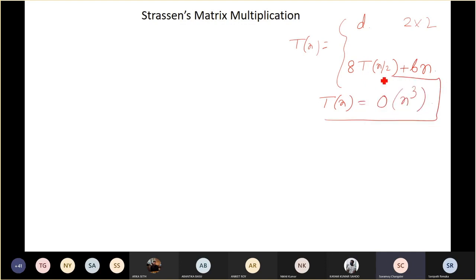Which is very much known to us, that the time complexity for matrix multiplication is of order n cube. That we already know, and this is why. If we multiply two n cross n matrices, the time complexity is of order n cube. Now the question is, is it possible to decrease this value? That is our main target. So let us check whether it is possible or not.